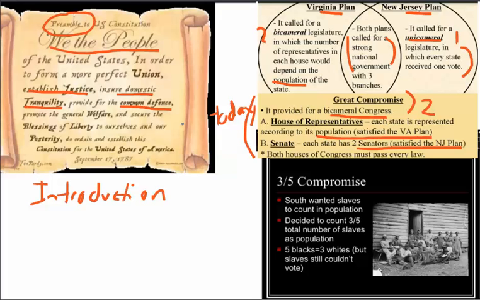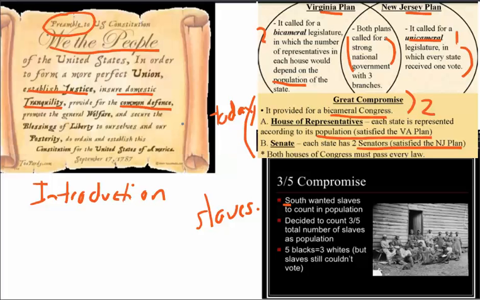Now, with a House of Representatives created based on population, the government now has to count the population every 10 years. So that introduced a very interesting question. Are we going to count the slaves in the population for determining how many congressmen each state gets?